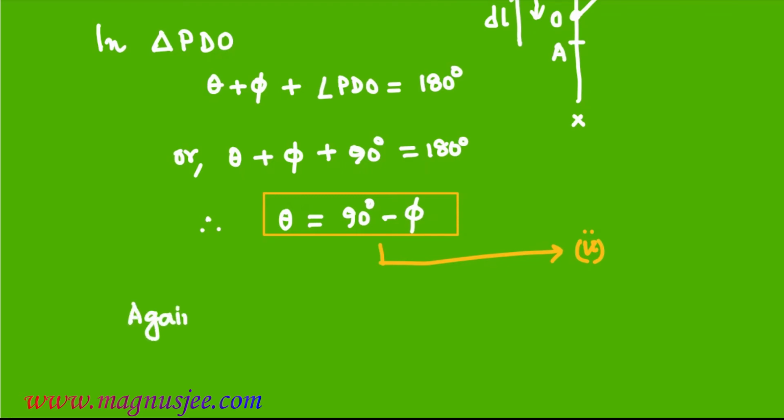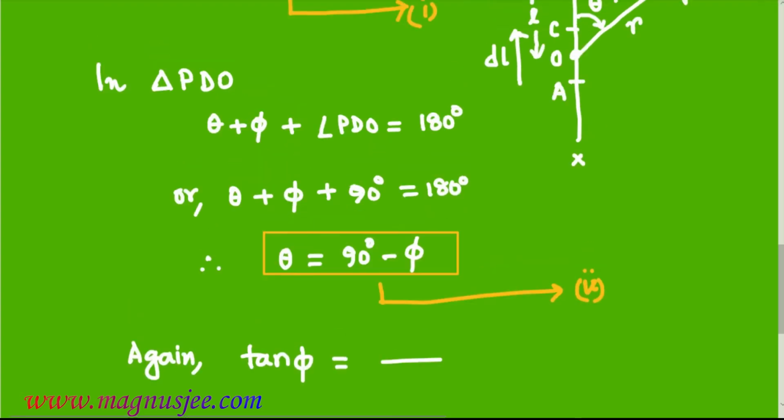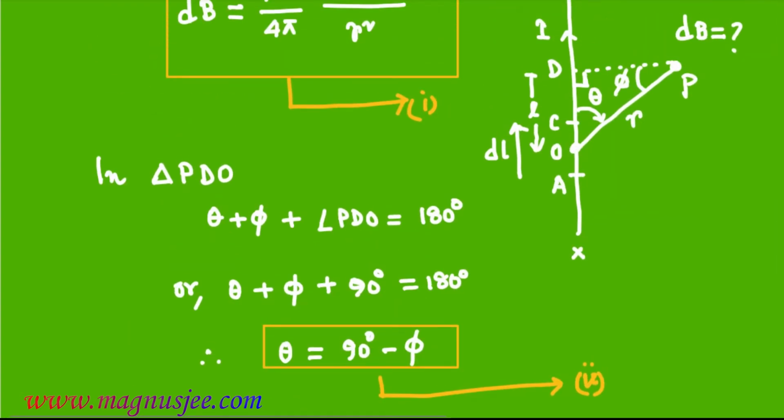Again, from the same triangle, tan phi equals perpendicular by base. Considering the angle phi, the perpendicular is OD and the base is PD, so tan phi equals OD by PD.